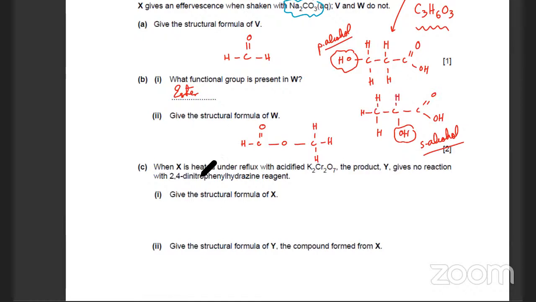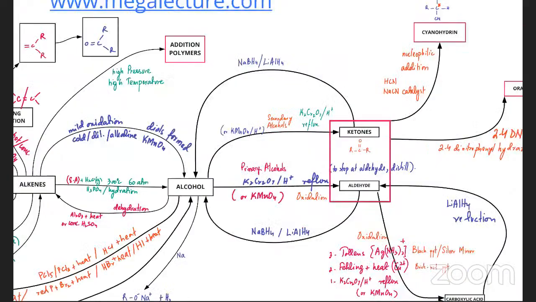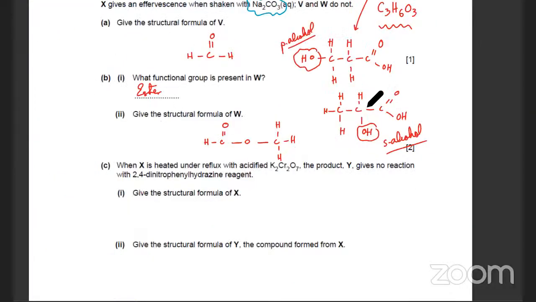Now he's saying that when X is heated under reflux with K2Cr2O7, the product Y gives no reaction with 2,4-DNPH. Now, what is 2,4-DNPH? Carbonyl compounds, aldehydes, and ketones, they give a positive result with 2,4-DNPH. So that means that once oxidation happens for this molecule, you're not getting a carbonyl compound.